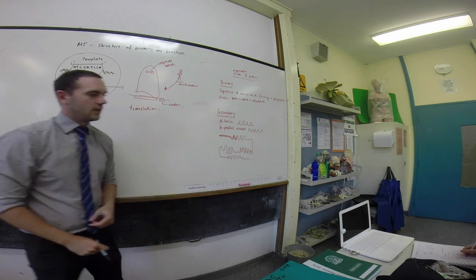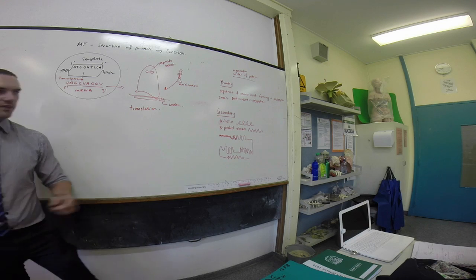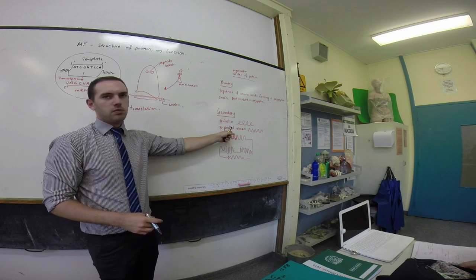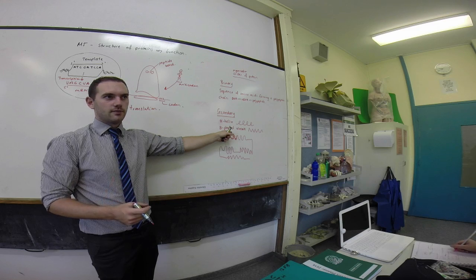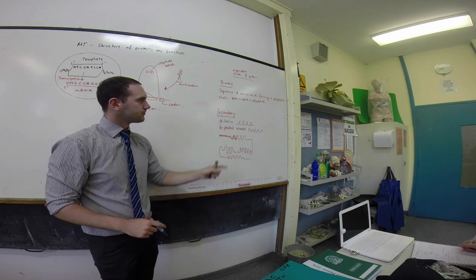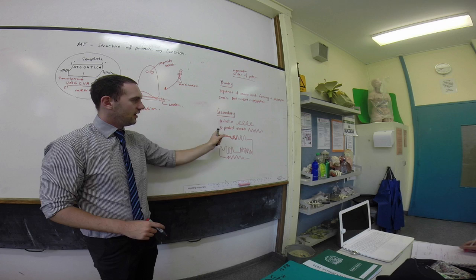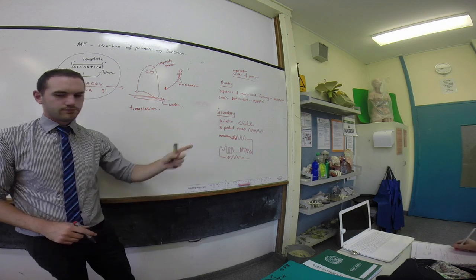So the amino acid chain forms these alpha helices and beta pleated sheets. Okay? Alpha helices and beta pleated sheets.